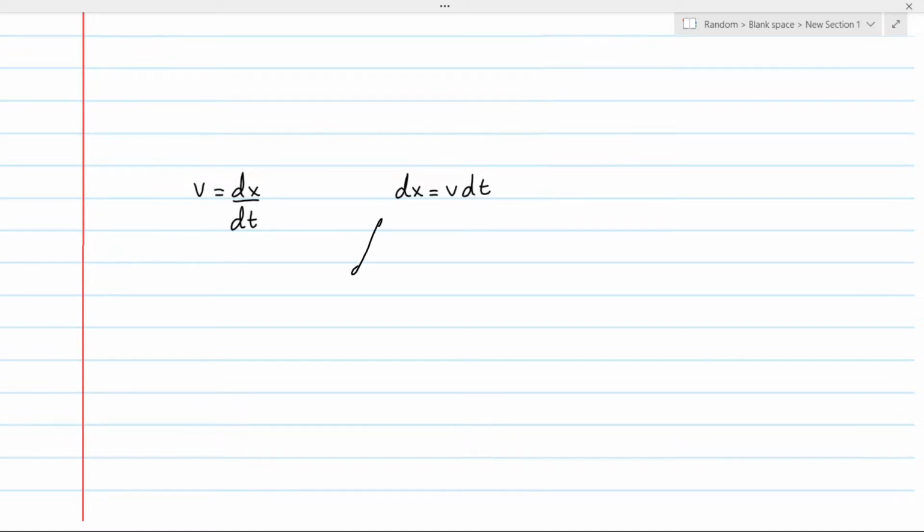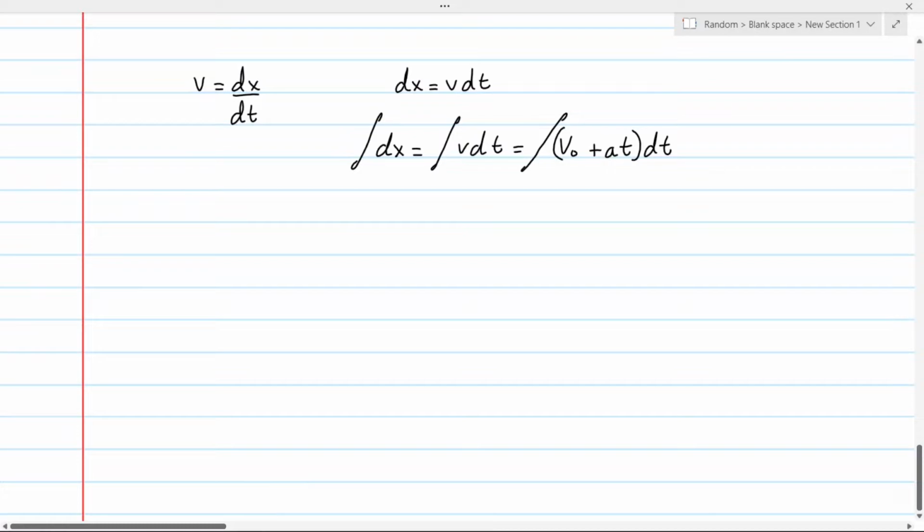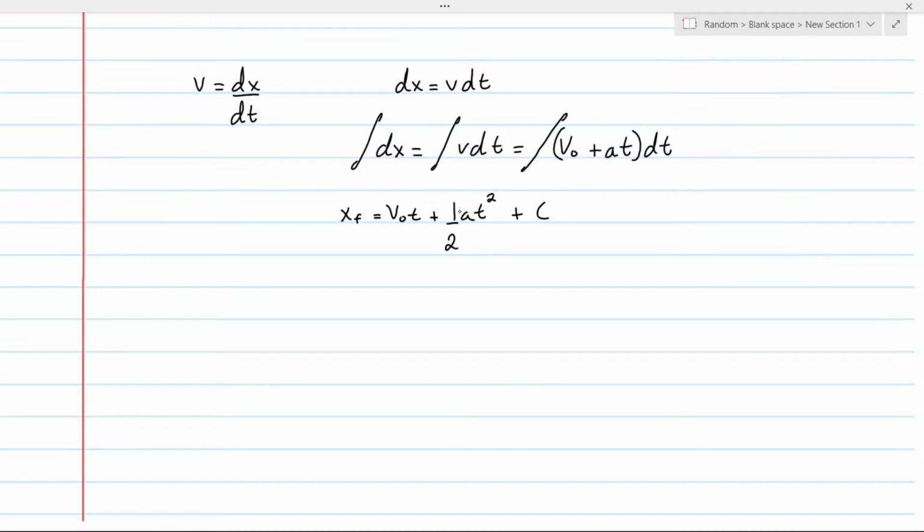again taking the integral of both sides, this time, however, we cannot pull out v, as v is a function of time. So we substitute the equation for velocity. Grouping the constant together.